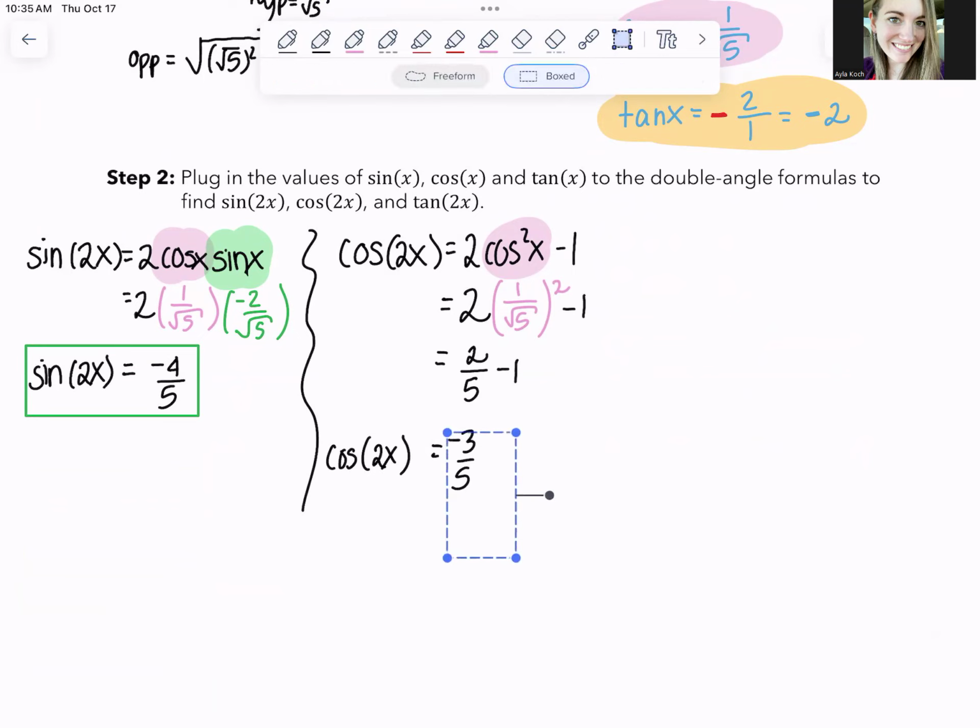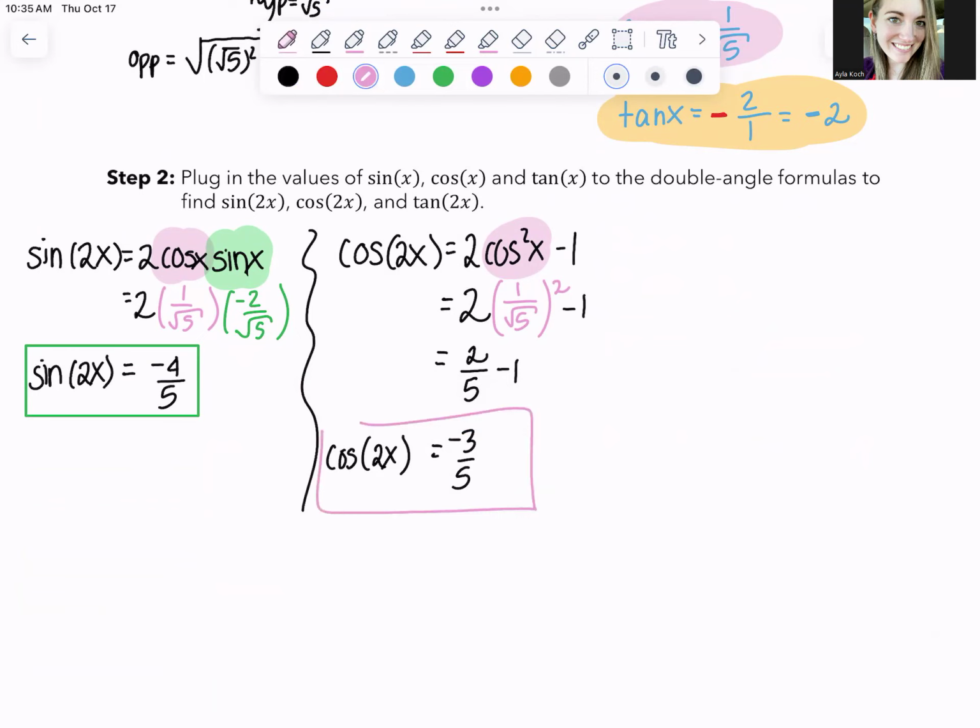Now, at this point in time, you have options on how you go about getting your last value, the tangent value. You can use the tangent formula, or you can use the fact that tangent is sine over cosine.